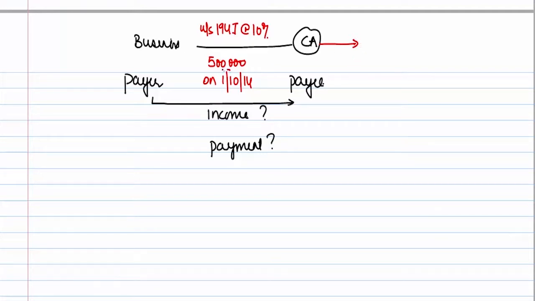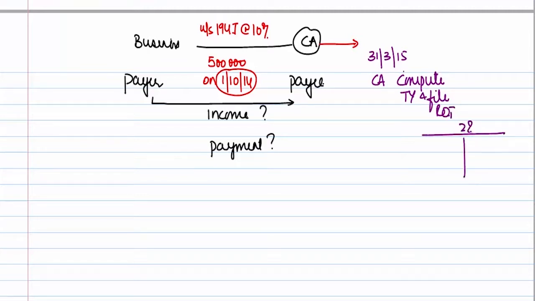This is during the year. By 31st of March, the CA will now compute his total income and file the returns, assuming 31st July 14. While computing income, he will now apply the provisions of Section 28. He will say receipts are 5 lakhs. He will then claim expenditure.